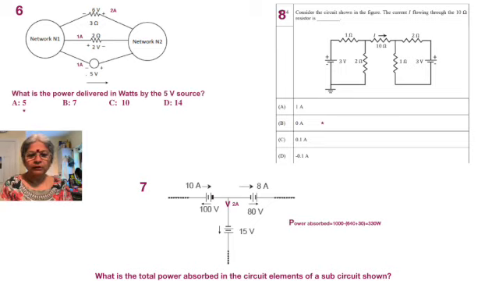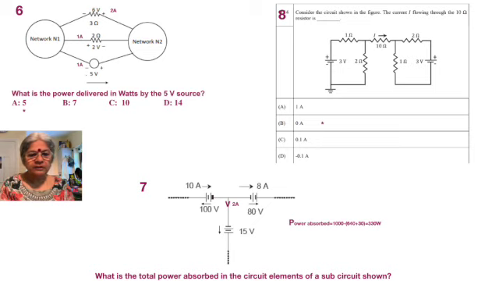I suppose we know that the voltage direction is from the negative terminal to the positive terminal. So that means 640 watts is being delivered, unlike in the earlier case, which was 1000 watts being absorbed. And then since 10 amps enters and 8 amps leaves, 2 amps flows downward, and so they follow the same direction. So it is also absorbing 15 into 2, 30 watts.